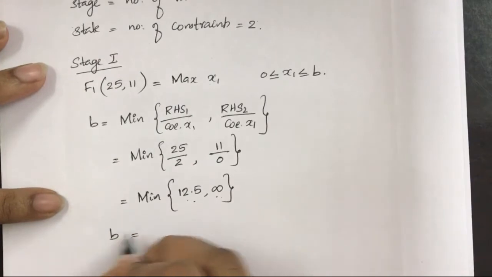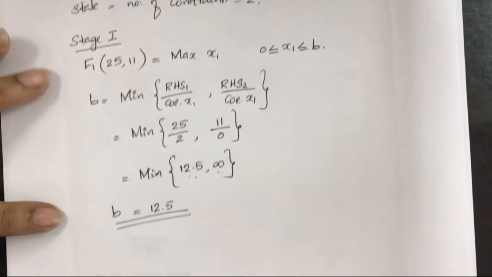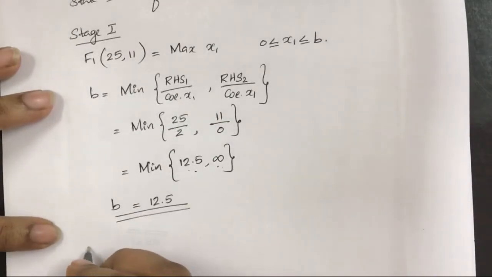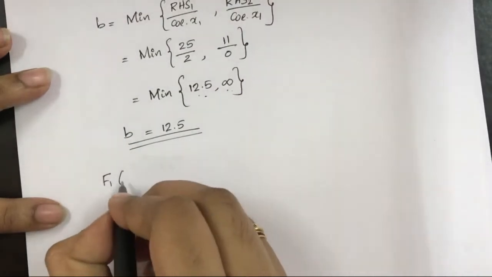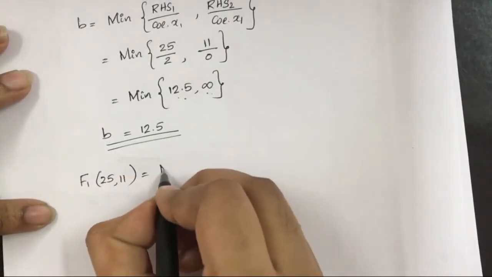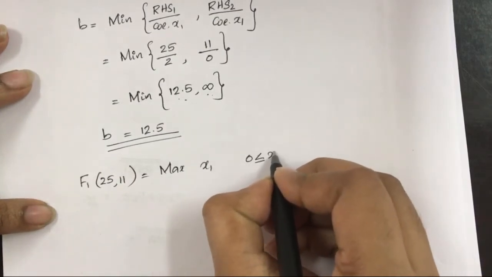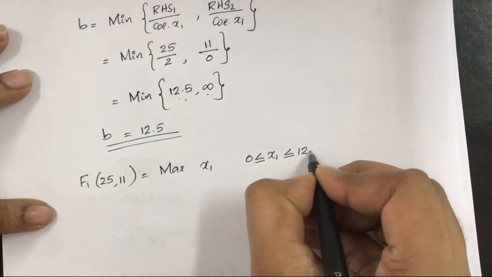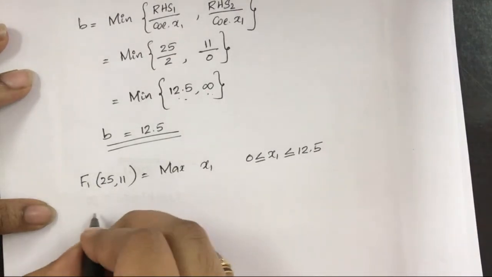That is b is equal to 12.5. Now we are rewriting the function f1 of 25 comma 11 is equal to maximize x1 where 0 less than or equal to x1 less than or equal to 12.5.